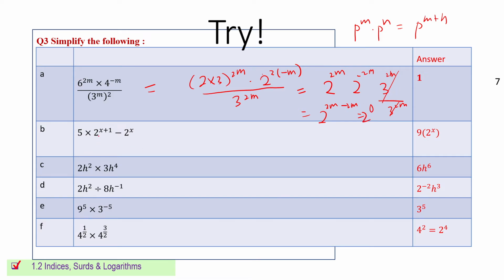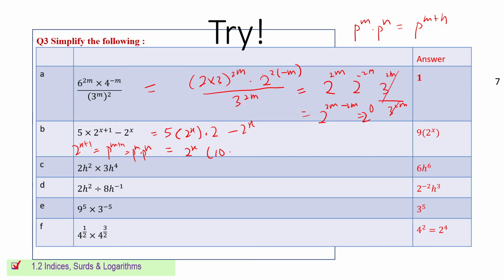Okay, and then the second question is, okay, if this one is a 2^x, then we try to change everything into 2^x. So 5 multiplied by 2^x. Okay, 2^(x+1), we are using p^(m+n) equals p^m p^n. So I have a multiplied 2 times 2^x, and from both terms, the similar term is 2^x.